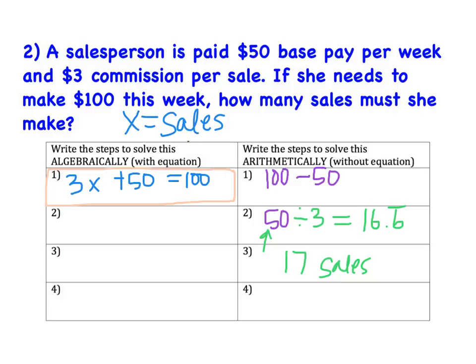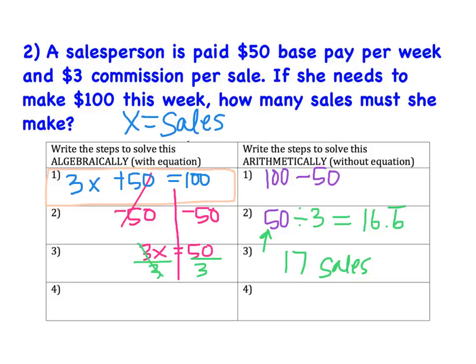Our next step is to solve our equation. So I'm going to draw a line down. I'm going to subtract 50 from both sides. So my 50 cancels out. On the one side, I'm left with 3x. On the other side, I'm left with 50. And then I want to divide both sides by 3.